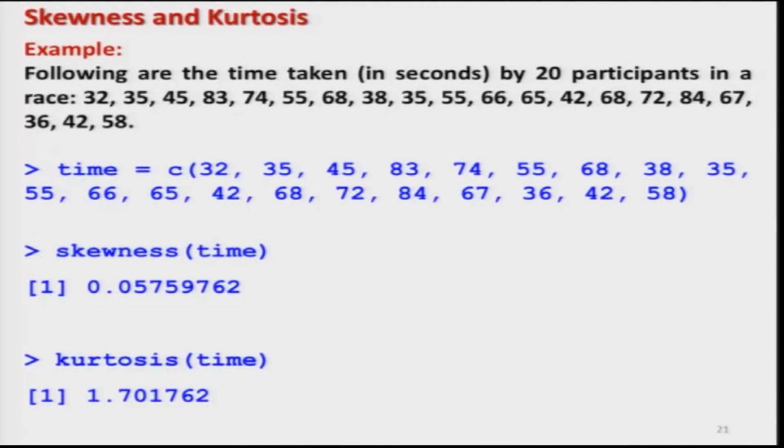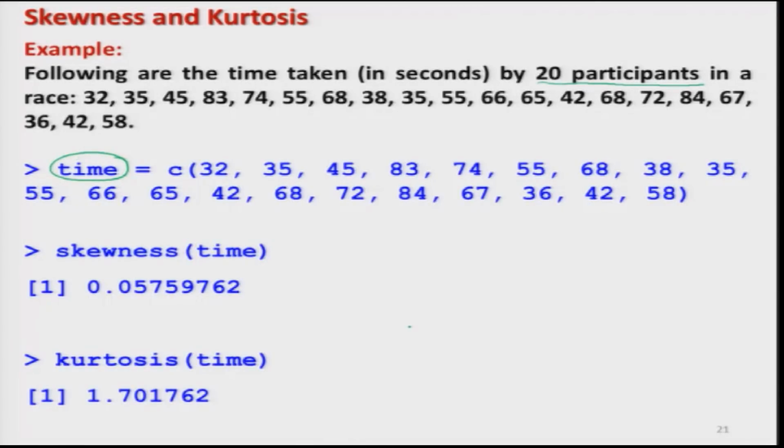Right. Now, I will take an example and show you how to measure skewness and kurtosis in data. I am going to use the same example in which we had collected the timings of 20 participants in a race, and this data has been stored inside a variable, say time.